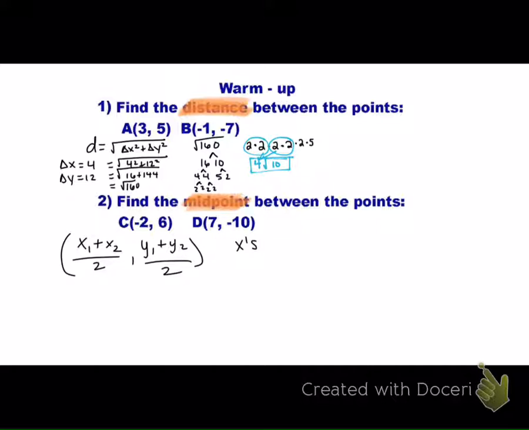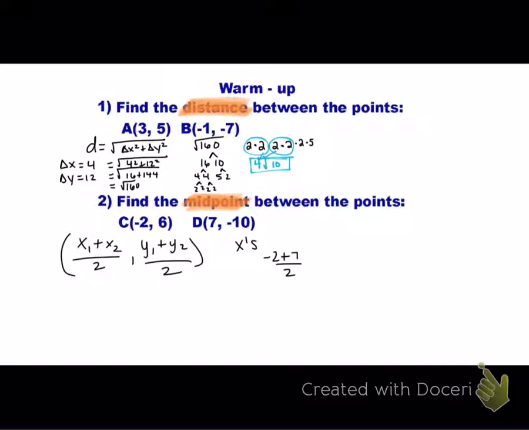So we'll do x's first. Dylan Keith, how do I find the x's? How do I find the midpoint of the x's? What will I do? So look up here, Dylan. What does it say you do to find the x's? So what are your x's that you're going to add? And what are you going to do from there?